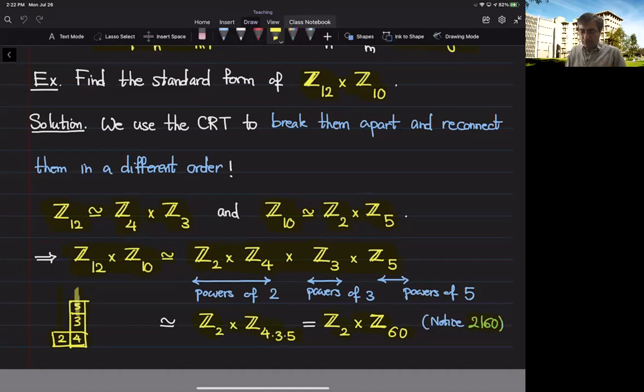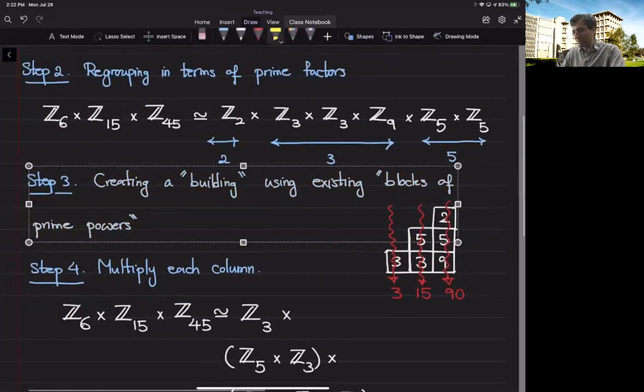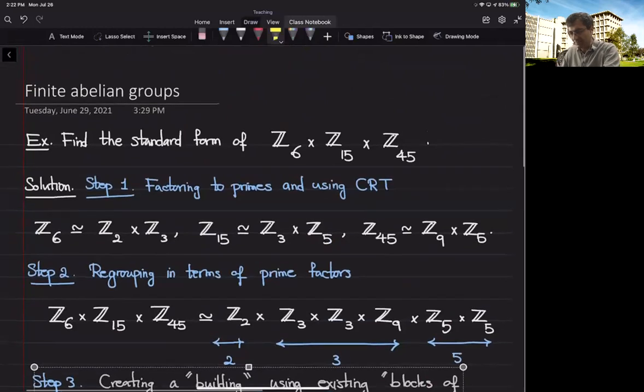So when I go through the columns, I get exactly the cyclic groups that appear in the standard form. So let's see one more example. Actually, we'll see a couple of examples this time.